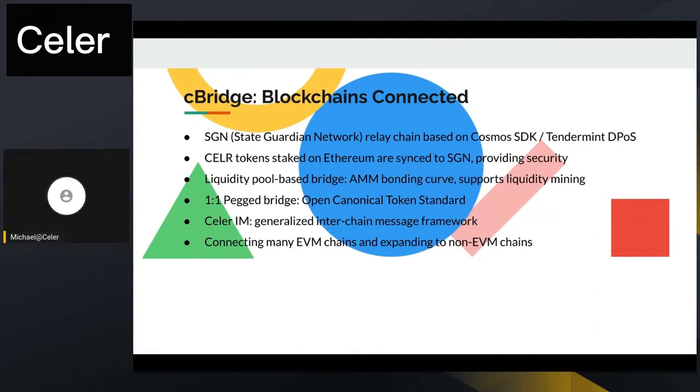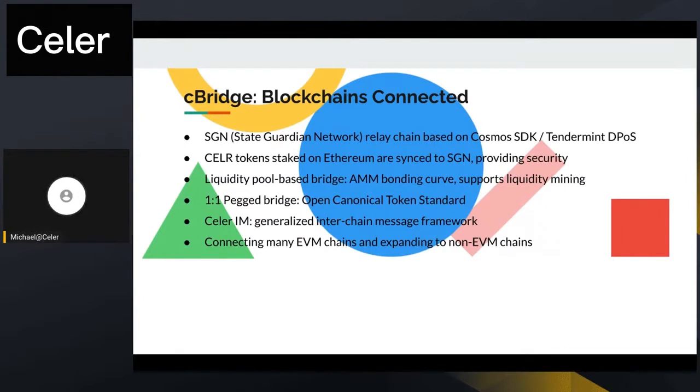Architecturally, it's a pretty decentralized way of sending information across. We built a relay chain called State Guardian Network, SGN. It's a relay chain based on the Cosmos SDK and Tendermint proof of stake system.